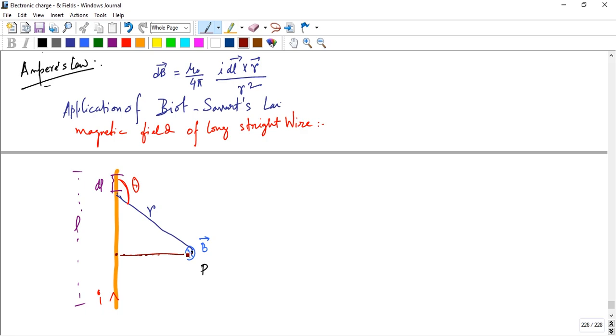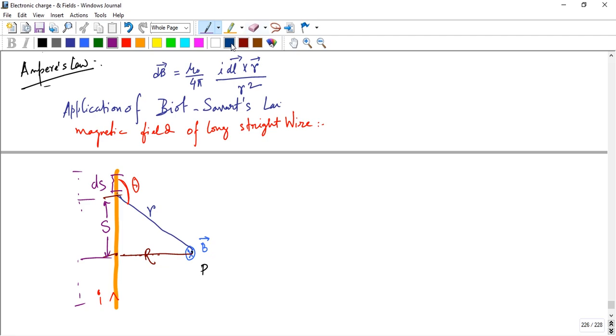Suppose this is called capital R. If the length of the wire is S, then the differential length is ds. We choose just this length, this part of the wire, from the starting to this part, and this is the differential length.